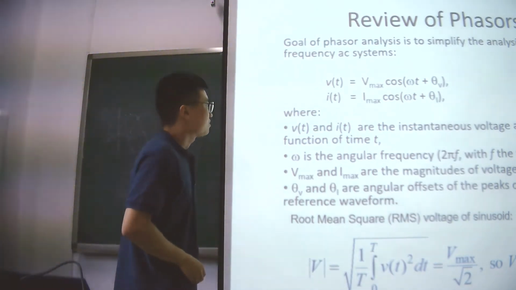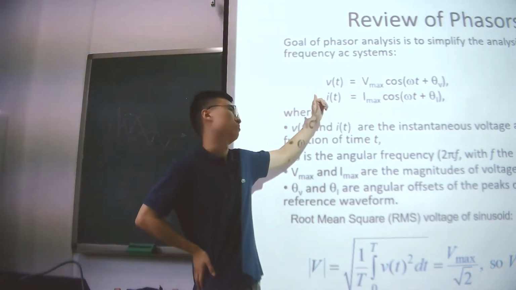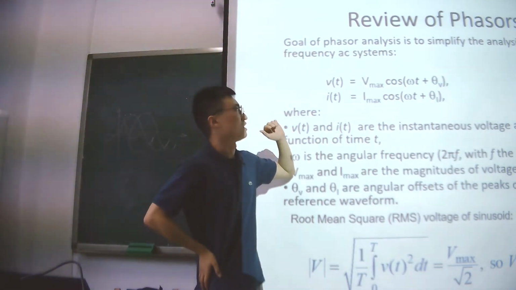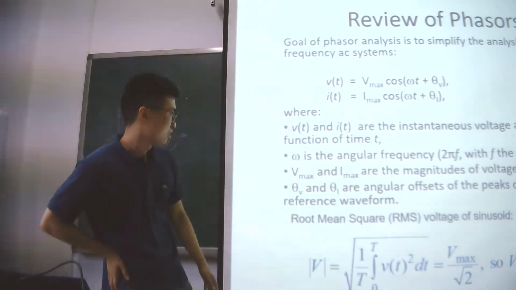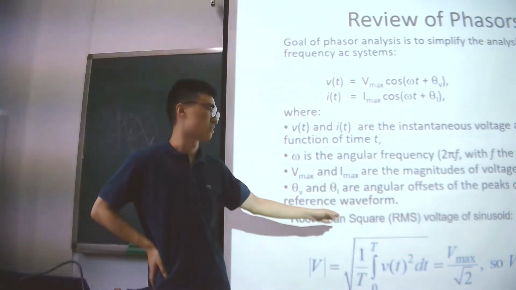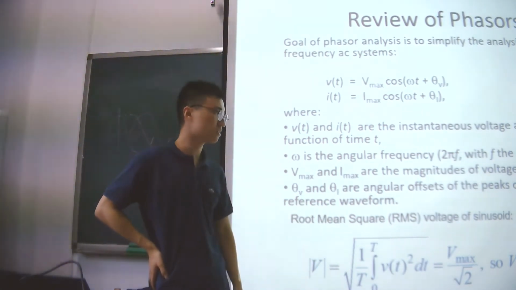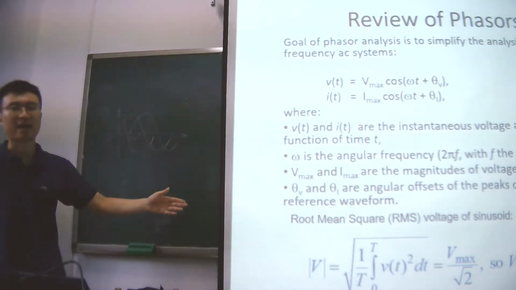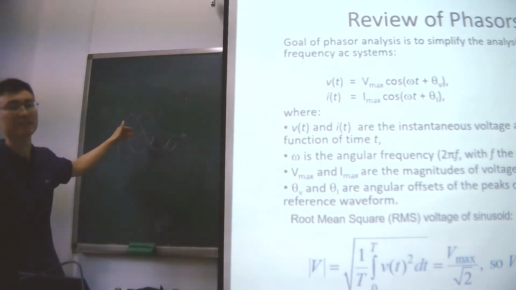So this is not a constant numeric value, and it will change over time. So we will just use the RMS, the root mean square, of the voltage, right? The root mean square, you can just view it as the average of the current or the voltage.